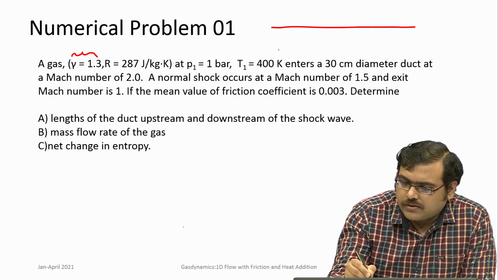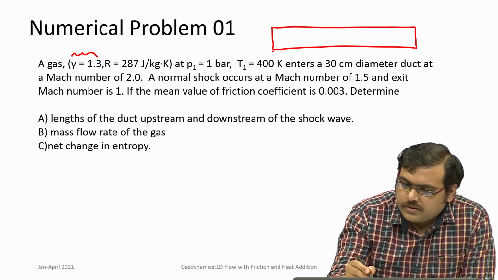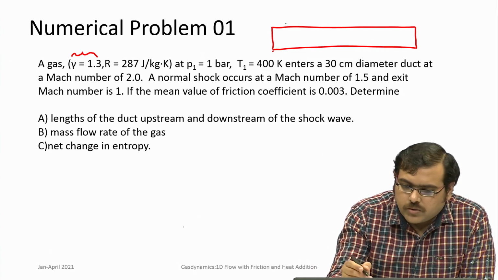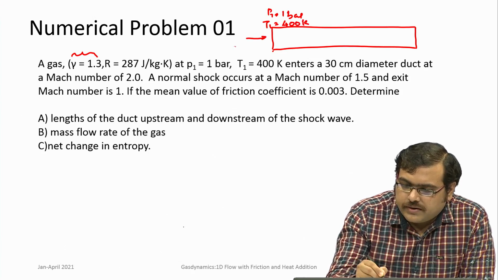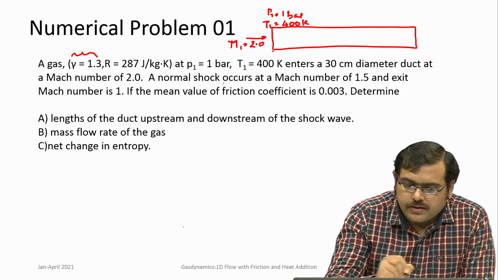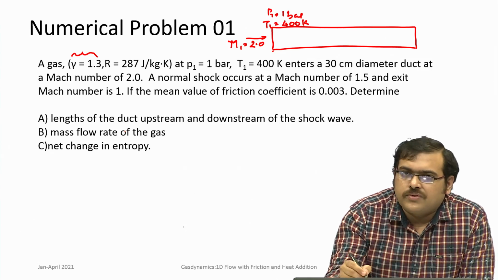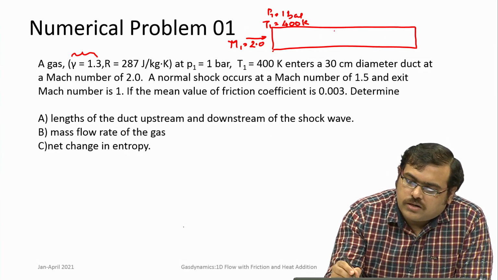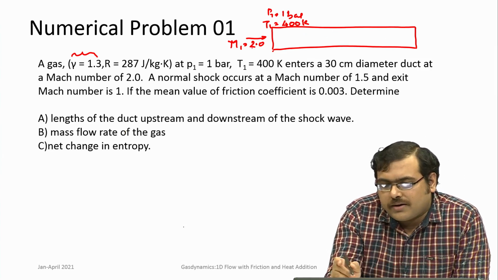So, let us draw the duct. We know P1 is 1 bar, T1 is 400 Kelvin and M1 is 2.0. A normal shock occurs at a Mach number of 1.5. So, it is a Fanno flow, and in supersonic conditions Mach number decreases.